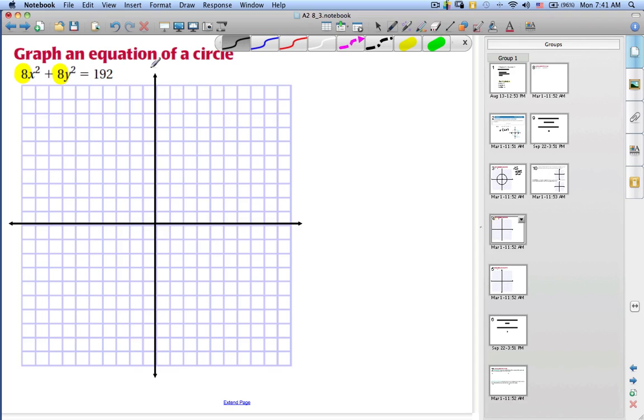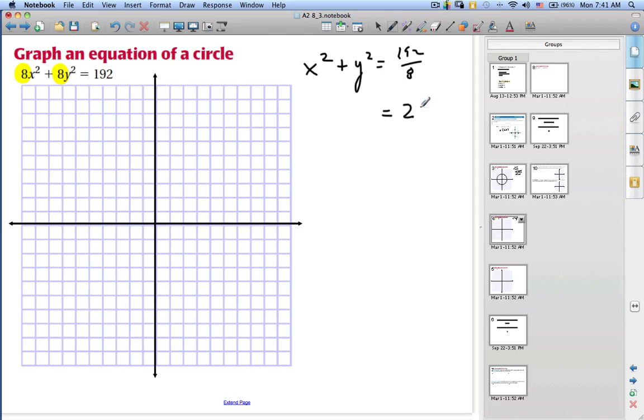We know that if I divide both sides of the equation by 8, I'll get x squared plus y squared equals 192 divided by 8, so that'd be 24. 160 and 32 is 192.